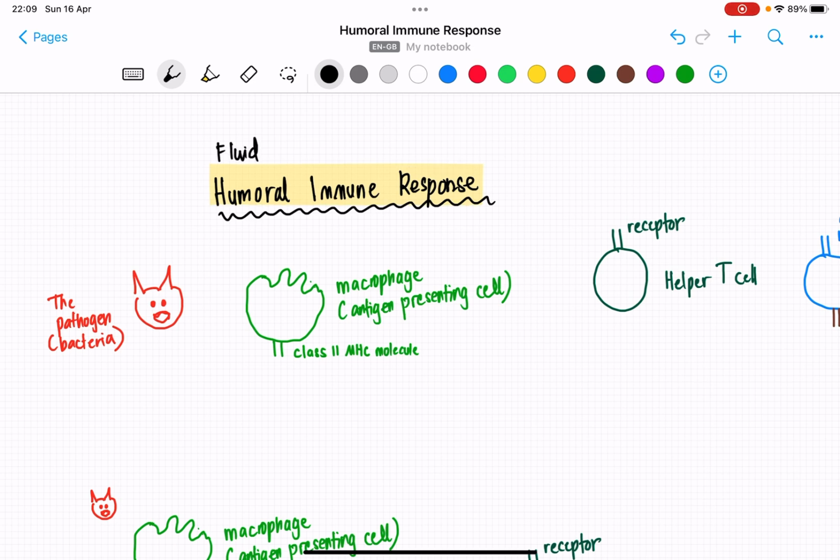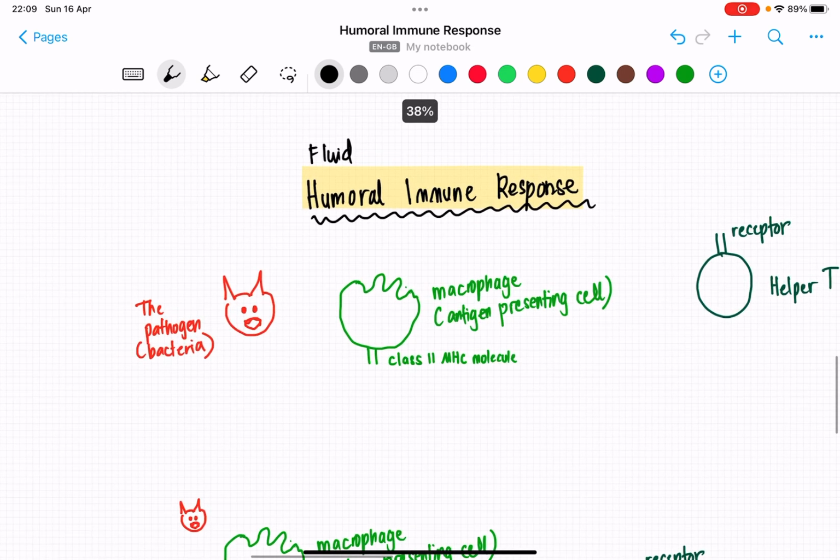So basically, we are talking about the blood inside the body. If the pathogen is located inside your body fluid or in the blood system, it is under humoral immune response.